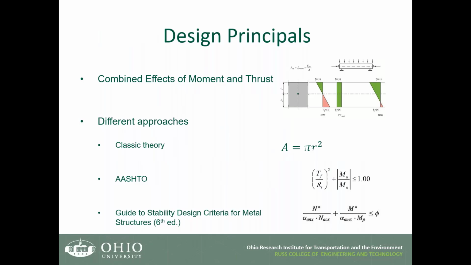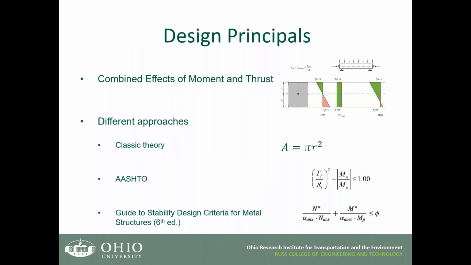But what we end up with is the ways to consider these effects together is what AASHTO has. AASHTO has a hyperbolic equation, which is the thrust over the thrust capacity squared plus the moment over the moment capacity, and you add those together, and they have to be less than 1. The Guide to Stability Design Criteria for Metal Structures, which is a document that comes out very often and is updated quite frequently, has an equation that is very similar in that it looks at the thrust over the thrust capacity plus the moment over the moment capacity.